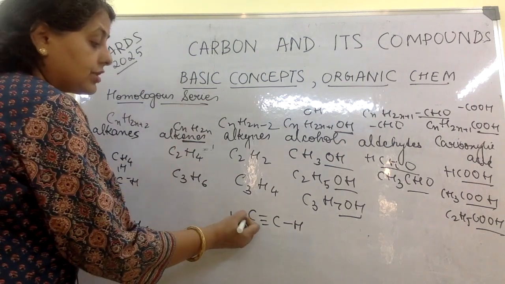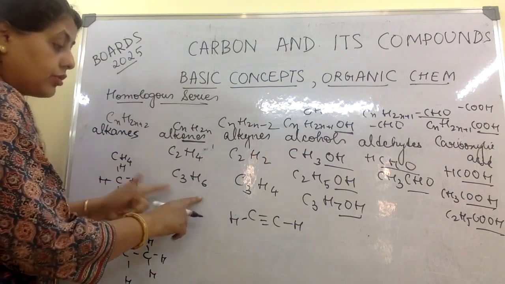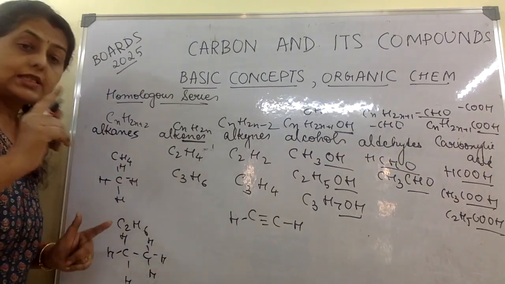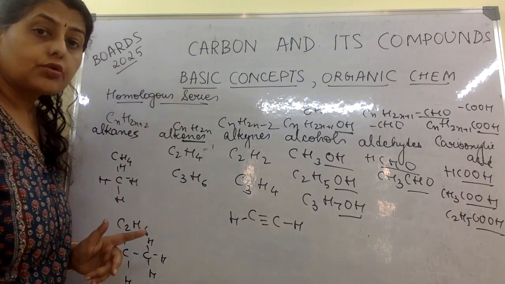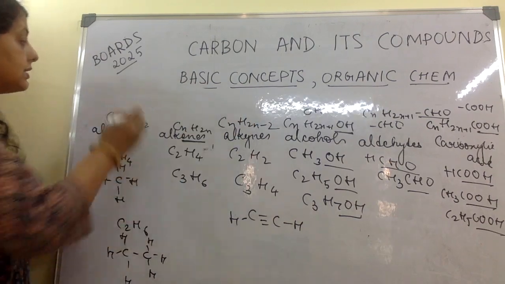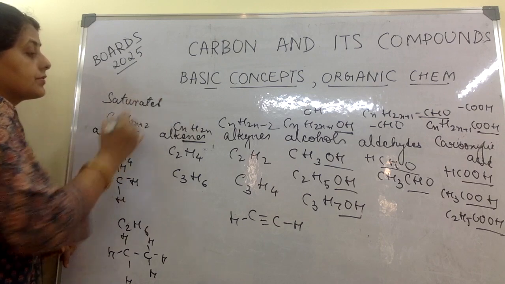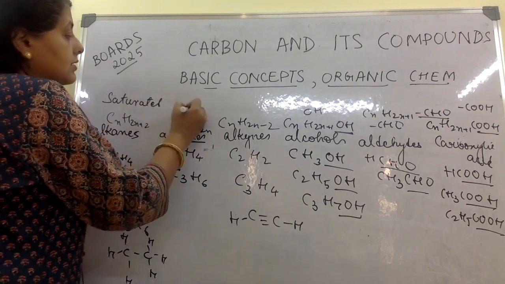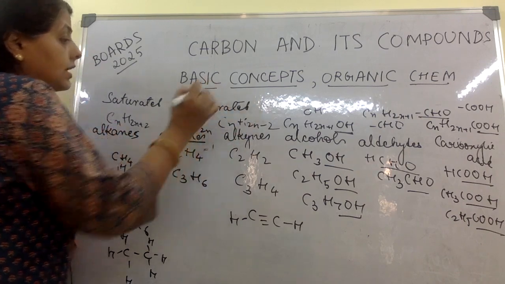So this is the one which has a triple bond. Now this is a double bond, triple bond, single bond. As long as it has a single bond, it is a saturated compound, and these two are considered unsaturated.